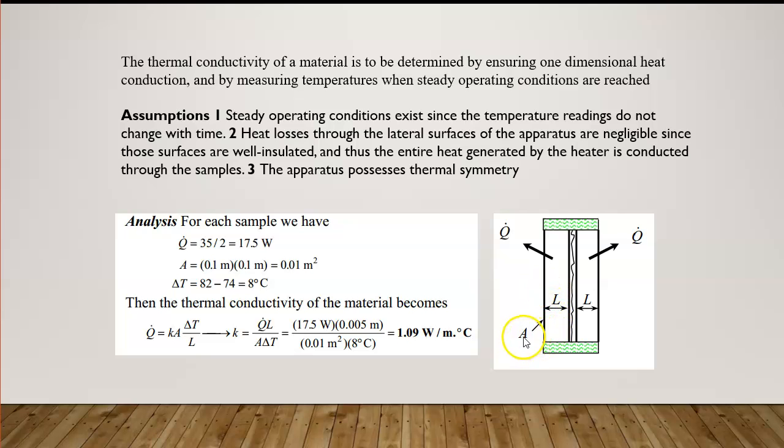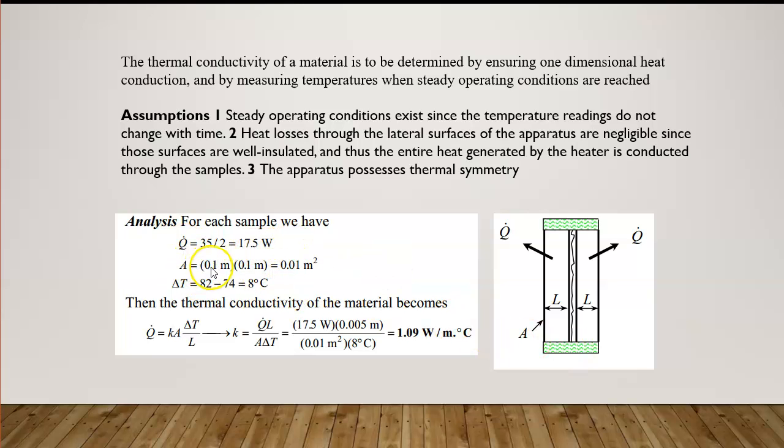You need to find the value of Q. The middle wire is supplied with 35 watts. It is divided by 2, because the heat goes left and right, so 35 watts divided by 2 equals 17.5 watts.